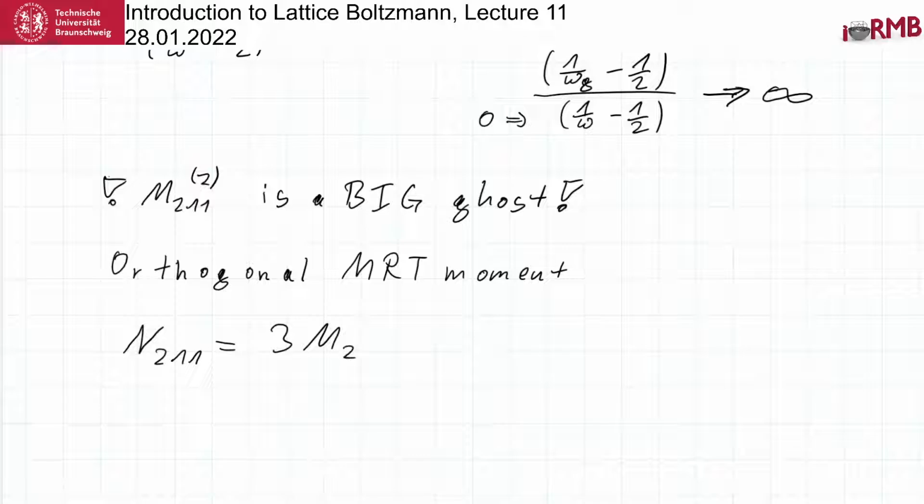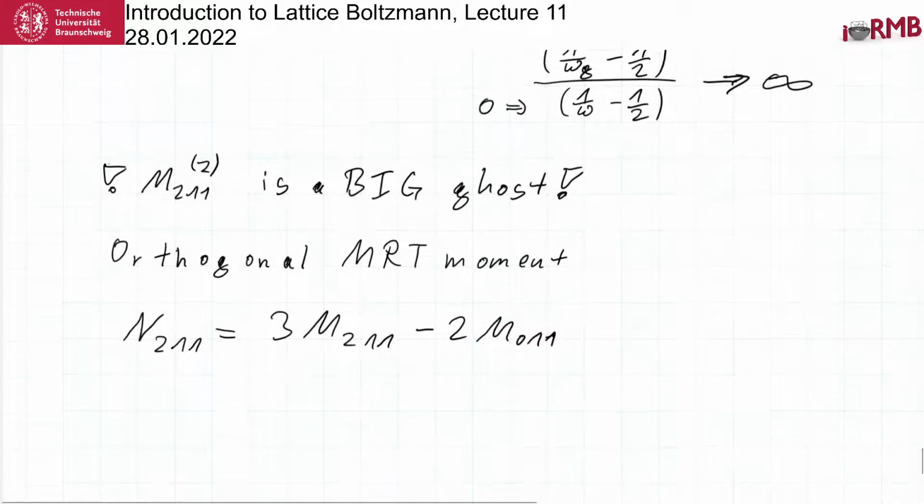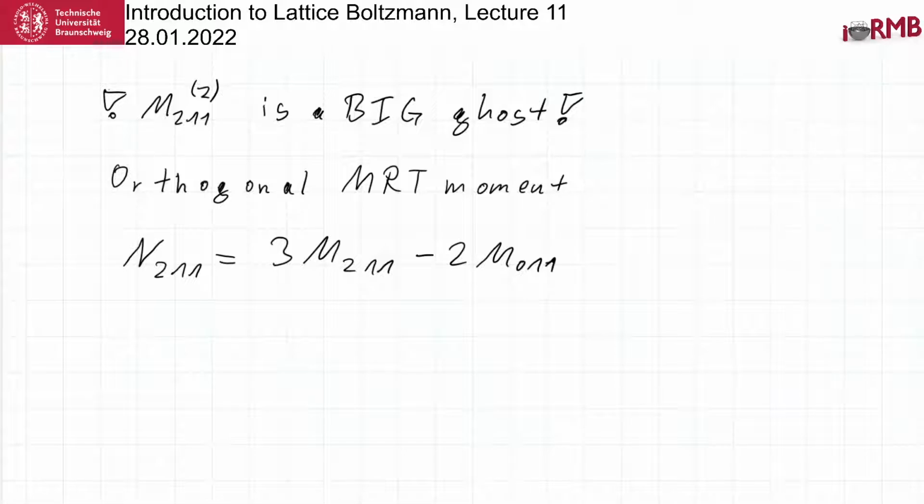According to these papers that derived them, this is 3 times M211 minus 2 M011. You can calculate whether this is actually now orthogonal. I hope it is. I also checked it, so it should be.